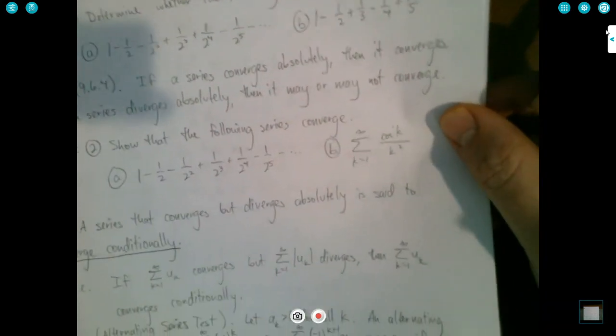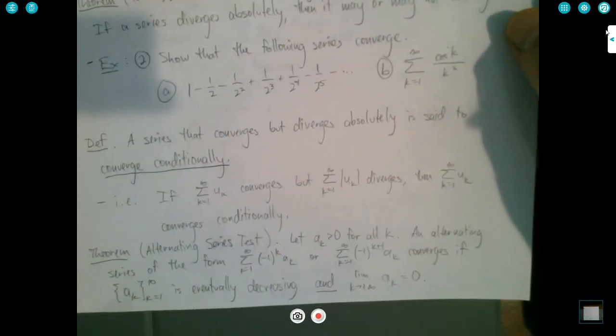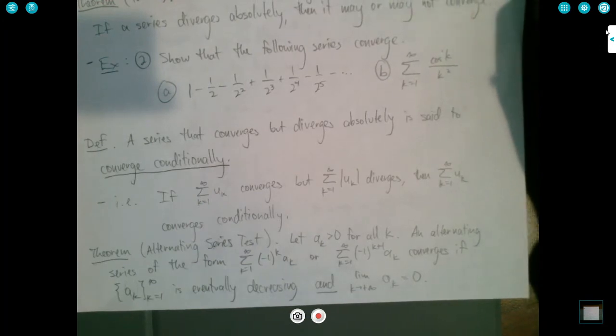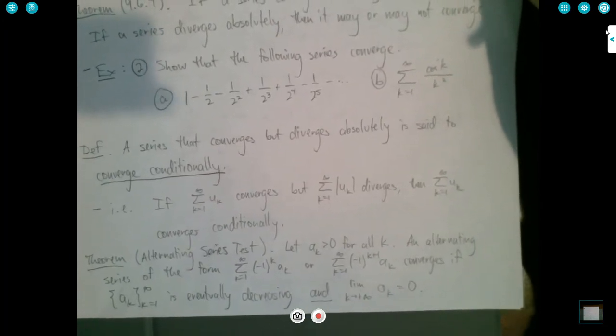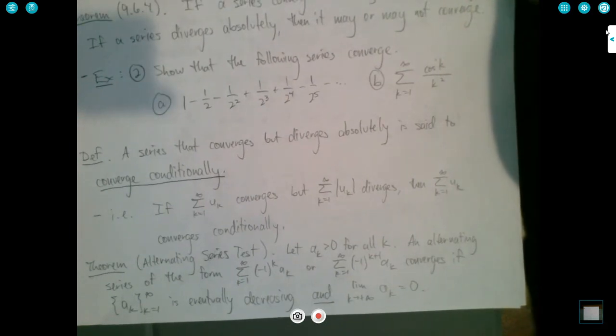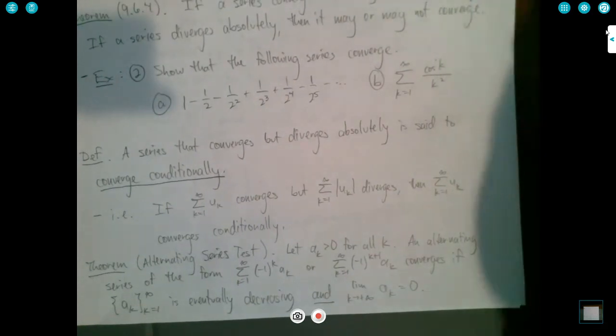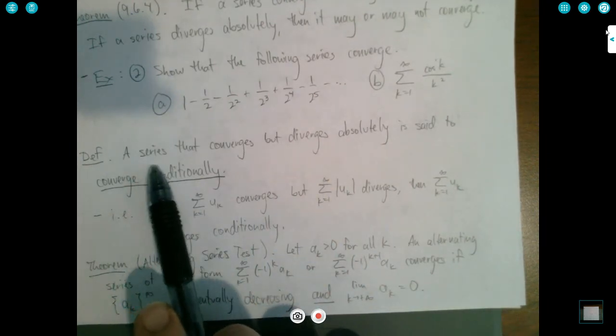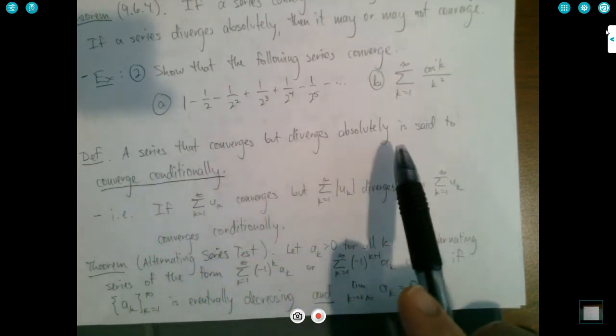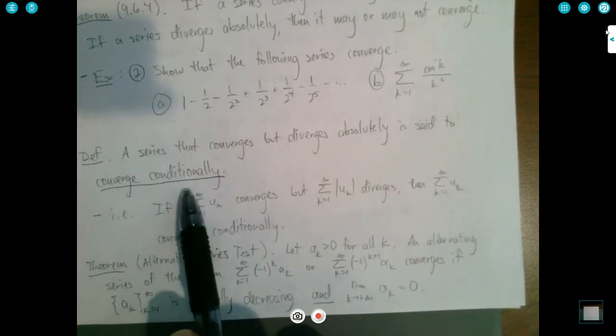So that's all well and good, but what if you have a series that diverges absolutely? How would we know whether or not the original series converges? First of all, just terminology: a series that converges but diverges absolutely is said to converge conditionally.